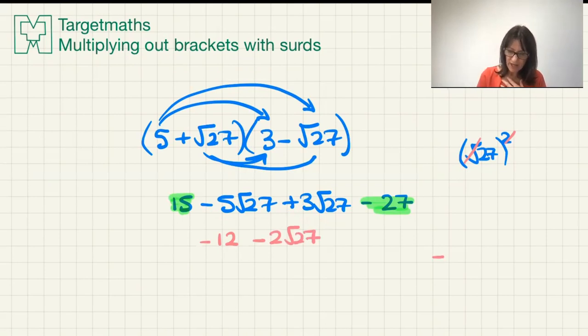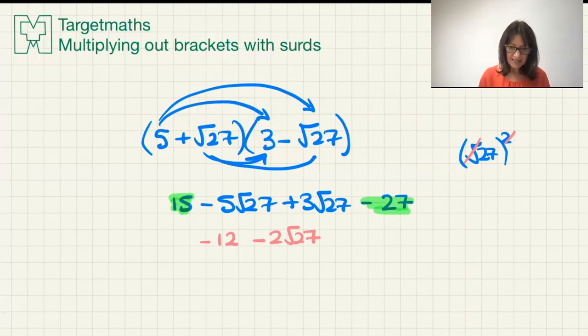If I'd given you minus 5x plus 3x, you'd say I'm at minus 5, I add 3, I'm at minus 2x. The only thing that's different between this and this is instead of using an x, I've used root 27. That's the only difference. So I've got 5 lots of those, 3 lots of those, but they're negative, etc. Okay, so hopefully that helps.